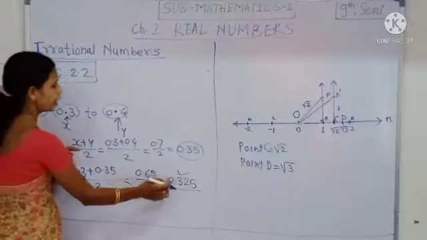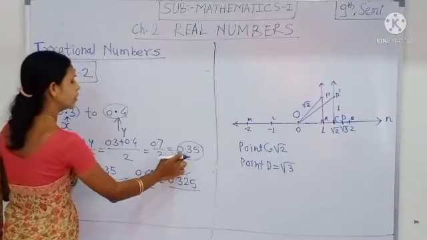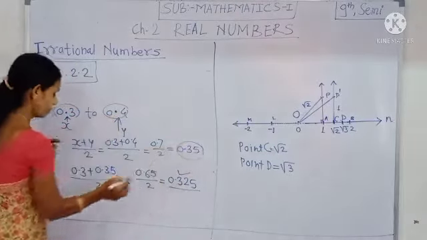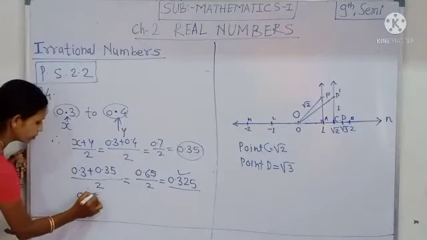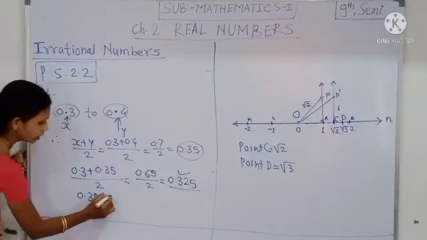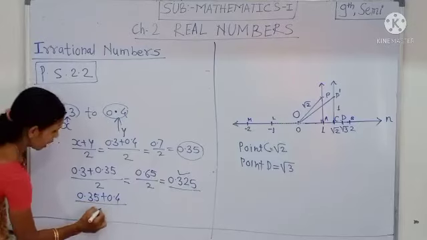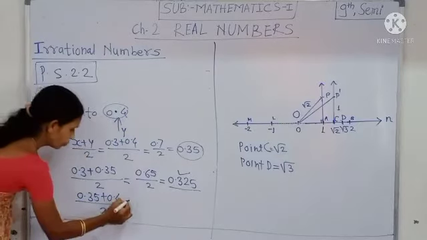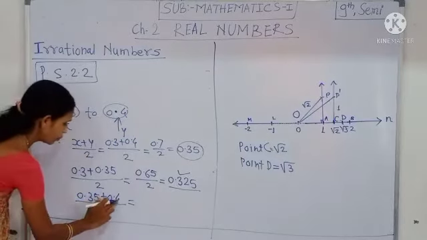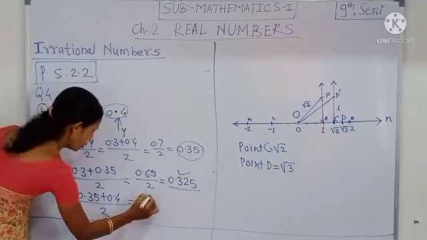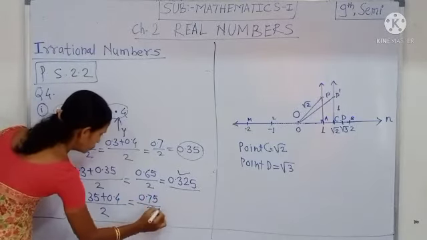As well as, taking 0.325 or 0.35 and 0.4, we can get a few more rational numbers which lie between 0.3 and 0.4. See here, (0.35 plus 0.4) upon 2, that is 0.75 upon 2.